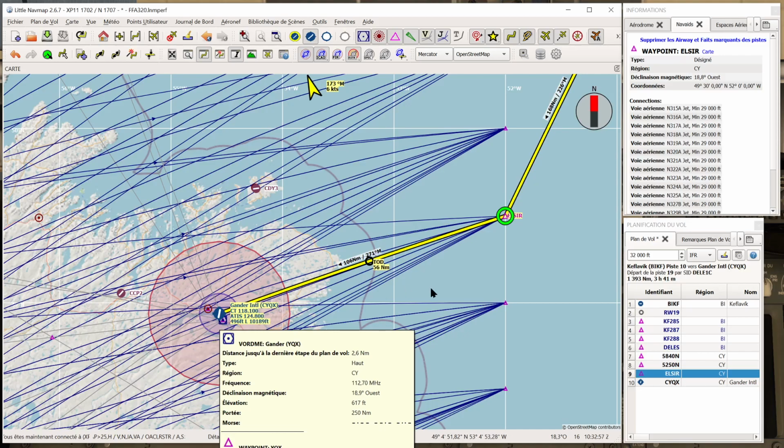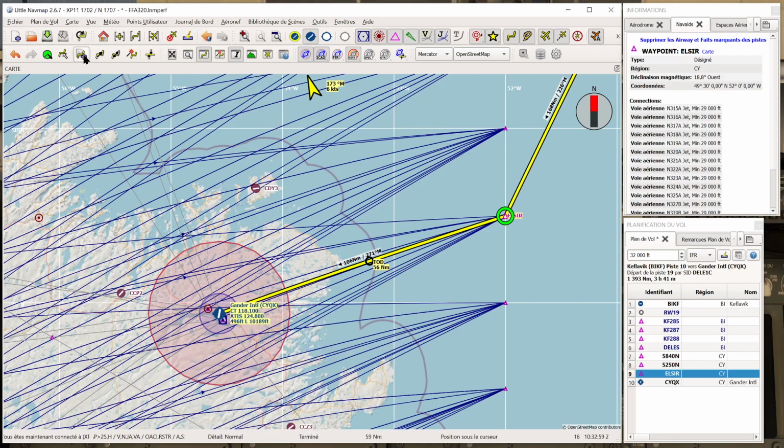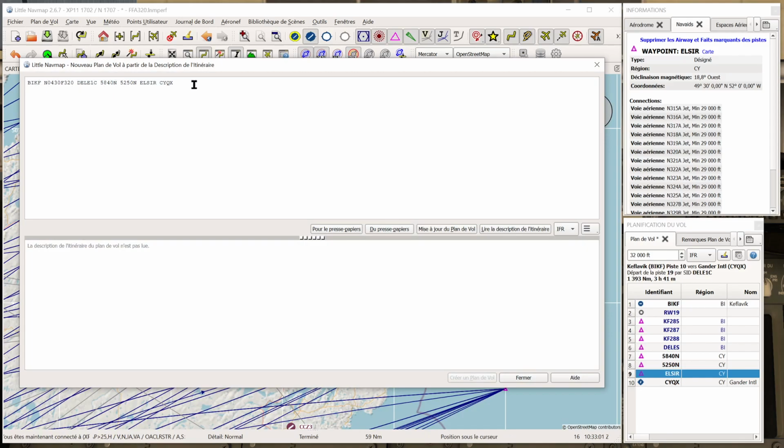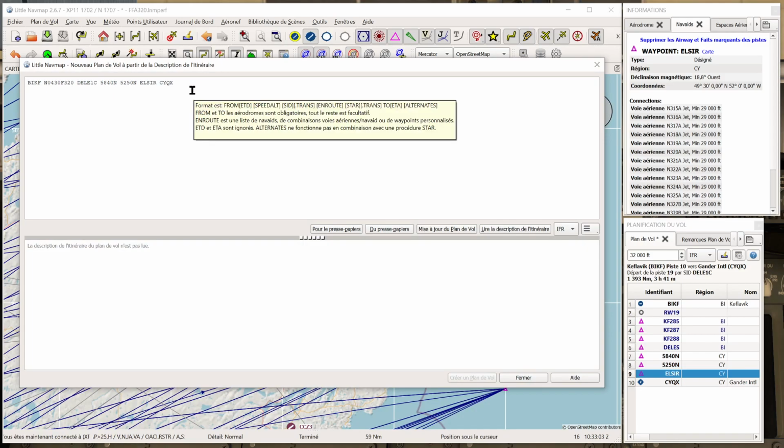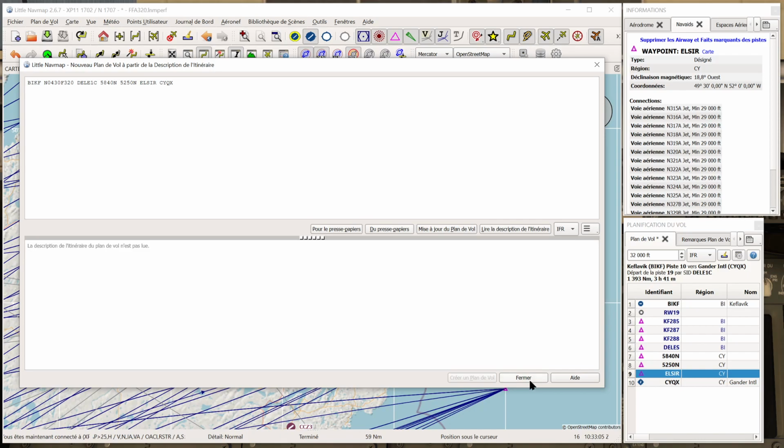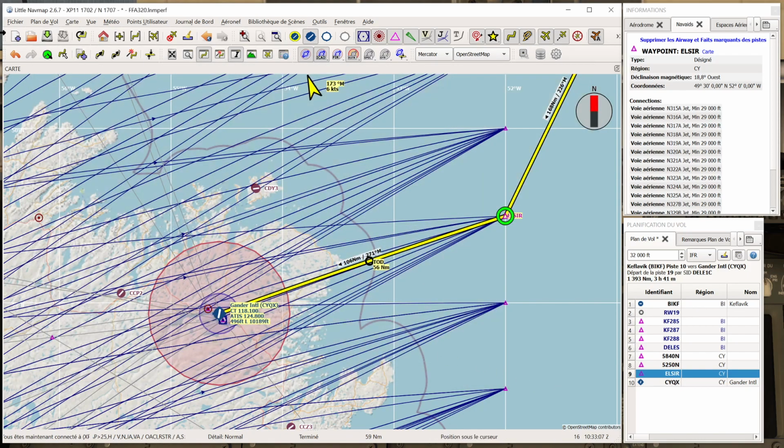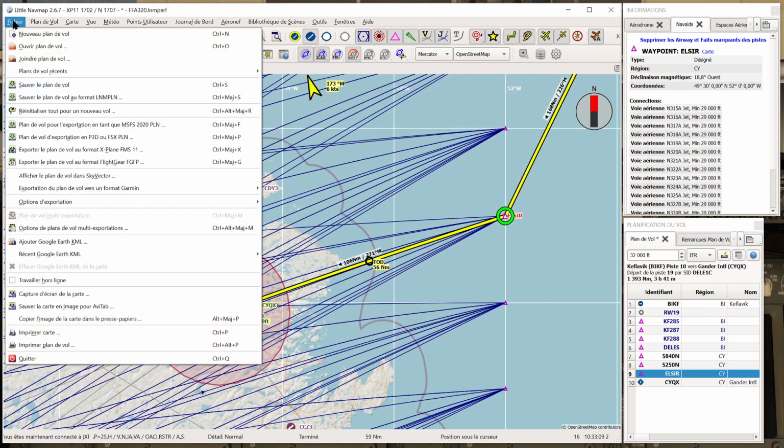Now, having defined that plan in Little Nav Map, so this is the short annotation for the flight plan, we can then export this in FMS format to XP11. So export flight plan in X-Plane FMS format.